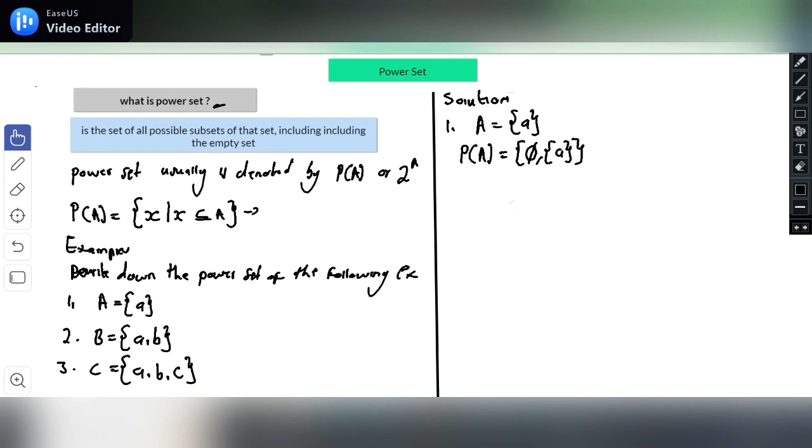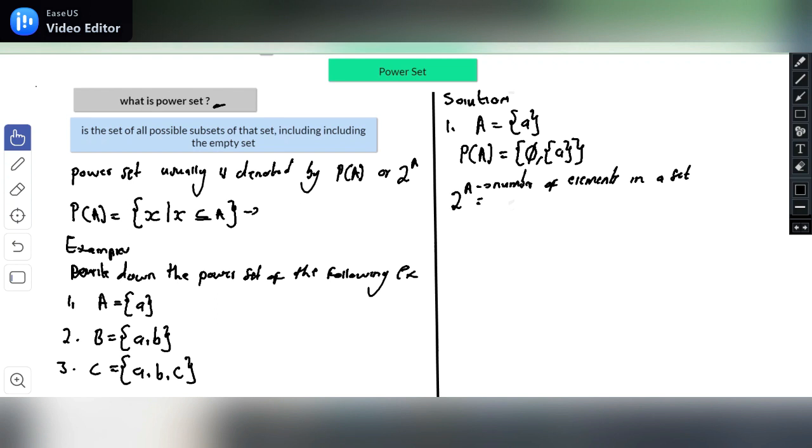So how can we prove it? Let's use this formula, 2 to the power of n. What does n represent? n represents the number of elements in a set.